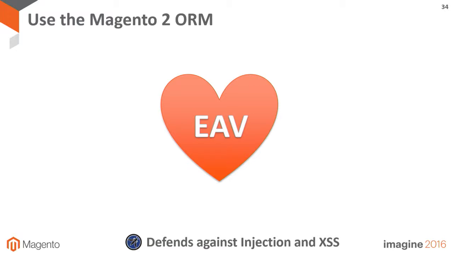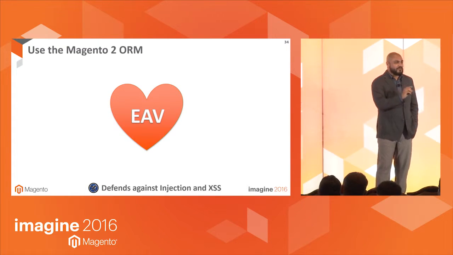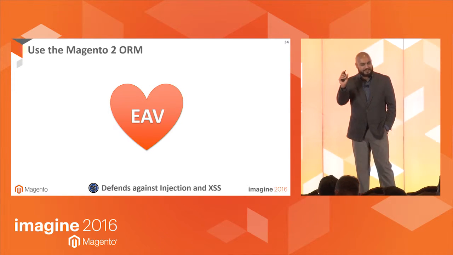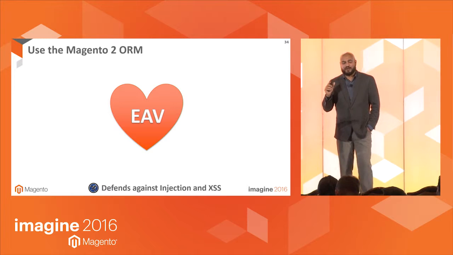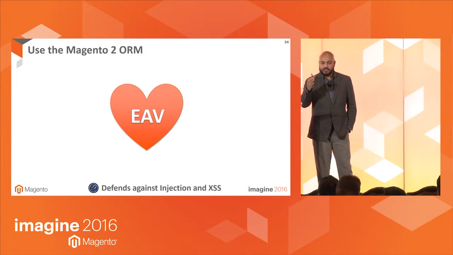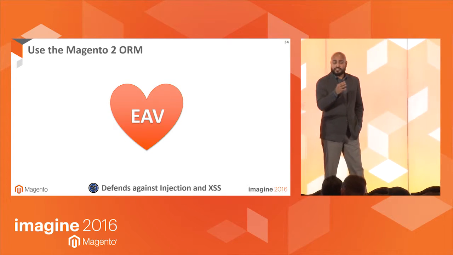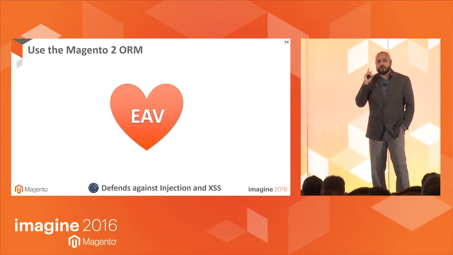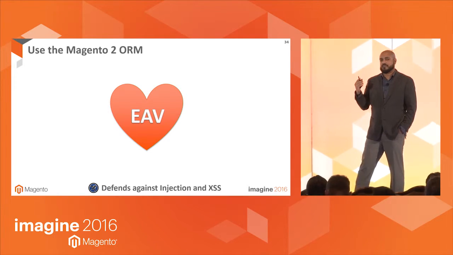I think we all owe EAV a little bit of love, you know? I know there's a lot of moaning and groaning when EAV returned to Magento 2, but EAV, by its nature, forces you to think about what types of data are going into which tables. And if a developer is thinking about that, he's also thinking about typecasting.